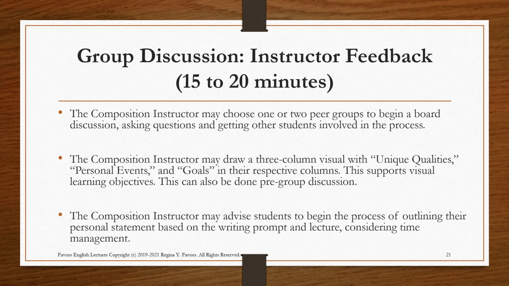You could pose it as questions, as I noted, or you could draw a 3-column visual and place these individual phrasing and words in each of the columns and conduct a discussion. If you do it as a pre-group discussion, you would have to add about 5 to 10 minutes to your time management, because it could take some time.